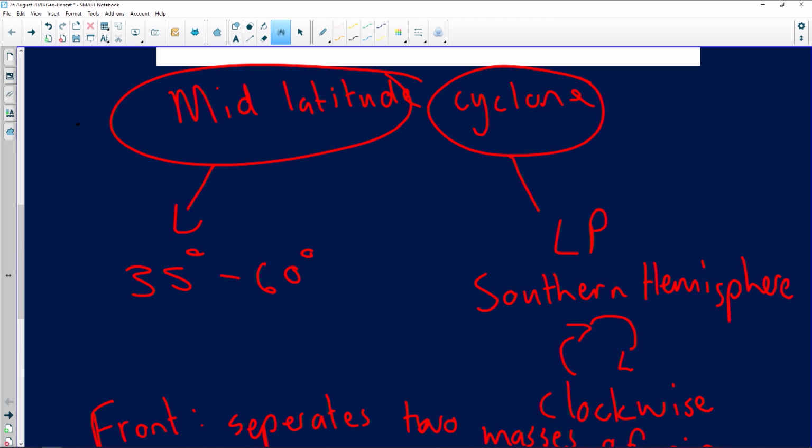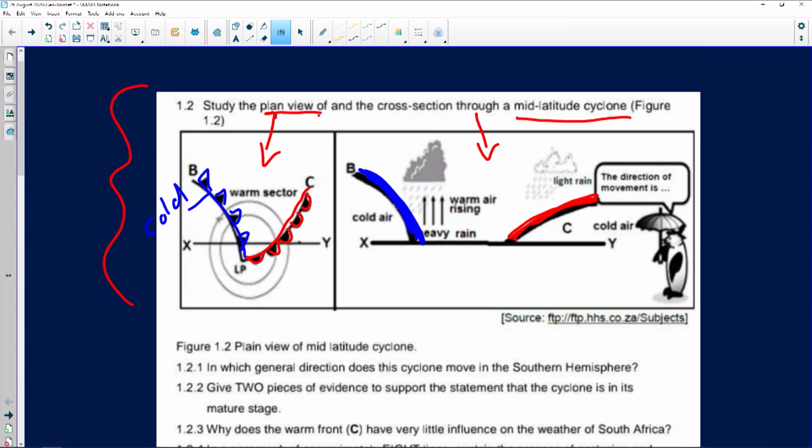Now, let's quickly have a look at our plan view. By looking at this plan view, we can make a couple of notes on it. So that's the cold front situated over there. I've just mentioned a front separates two masses of air. So the cold front is the leading edge of cold air, and the air behind the cold front is going to be cold.